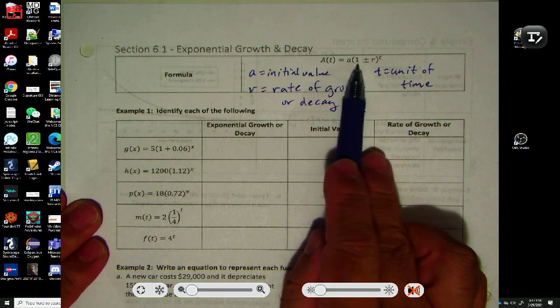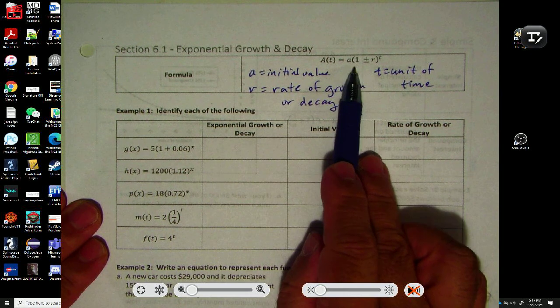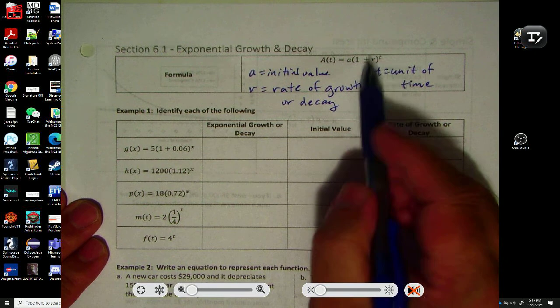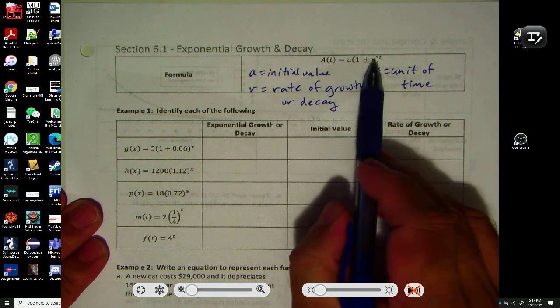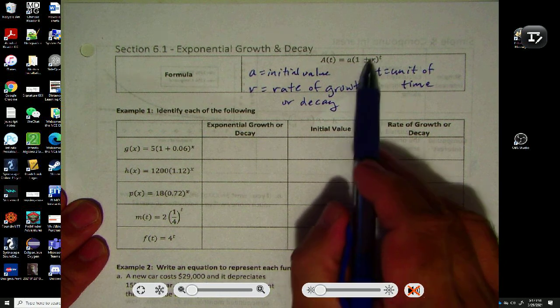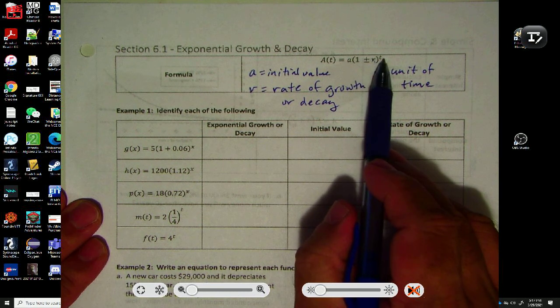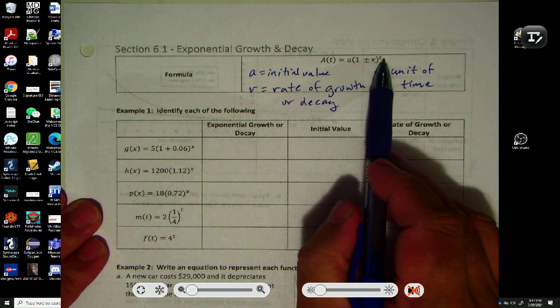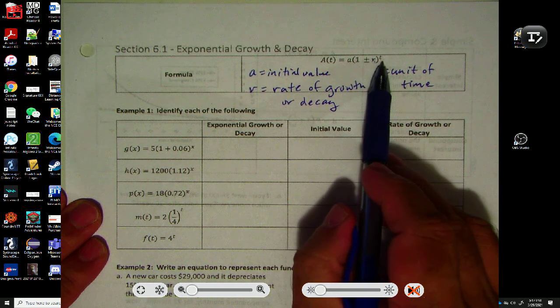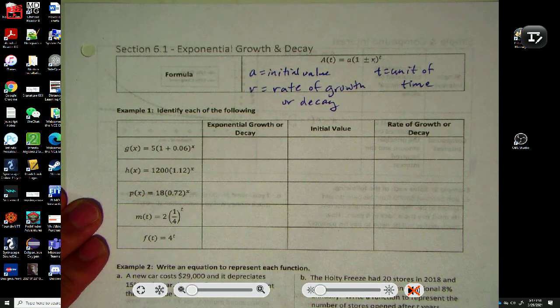If it's bigger than 1, it's growing. If it's less than 1, it's decaying. And when I'm talking about bigger than 1 or less than 1, I'm talking about the base of this exponent t. If the number being raised to the power is less than 1, it is decay. If the base of the exponent is greater than 1, then it's growth.